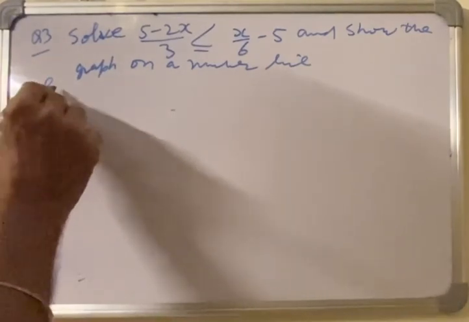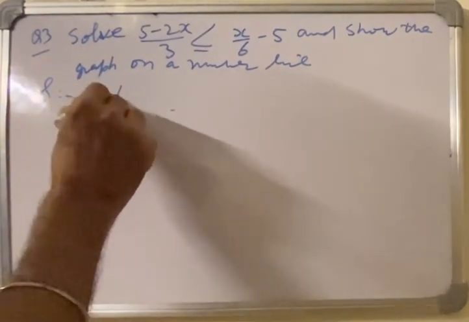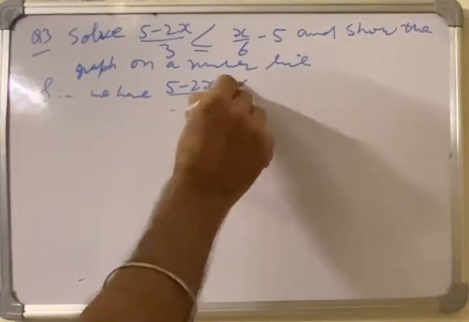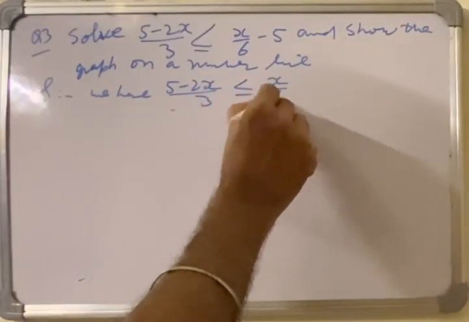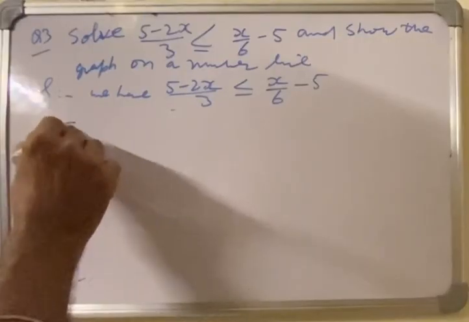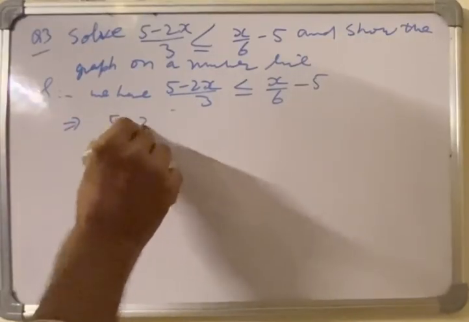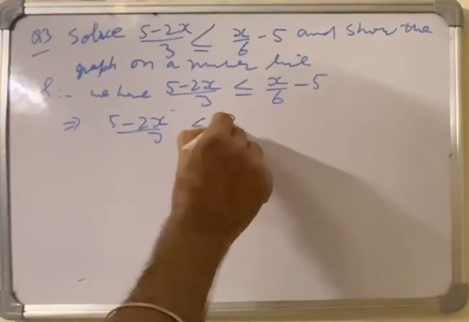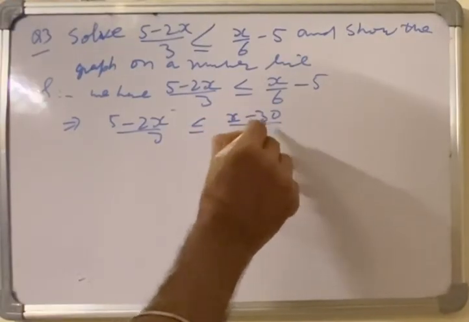Solution, we have 5 minus 2x over 3 less than equal to x over 6 minus 5, which will give you 5 minus 2x over 3 less than equal to, take LCM, x minus 30 over 6.